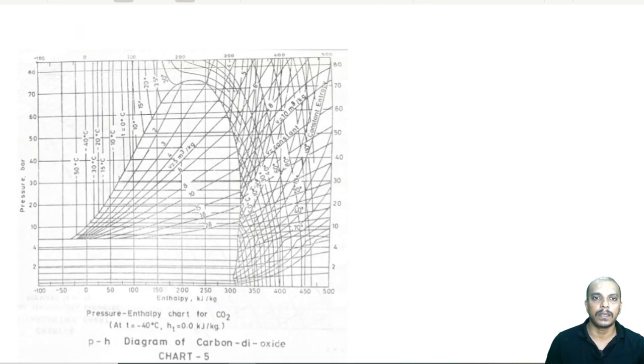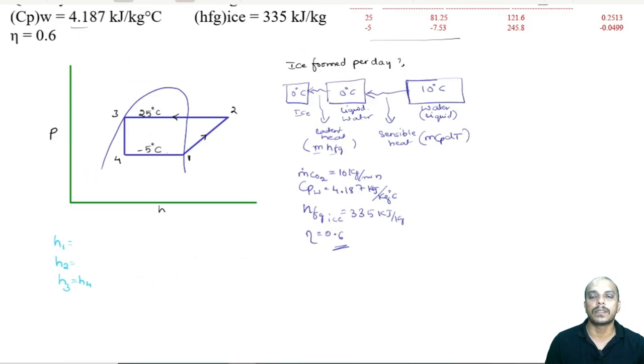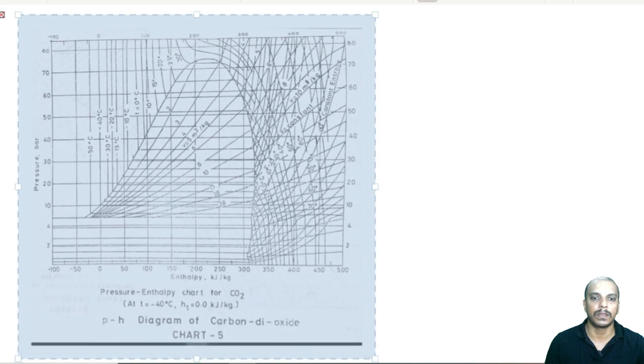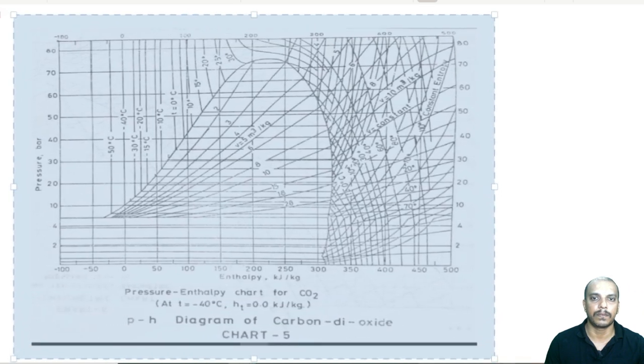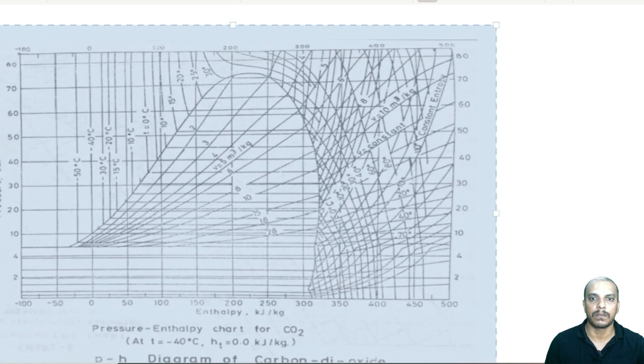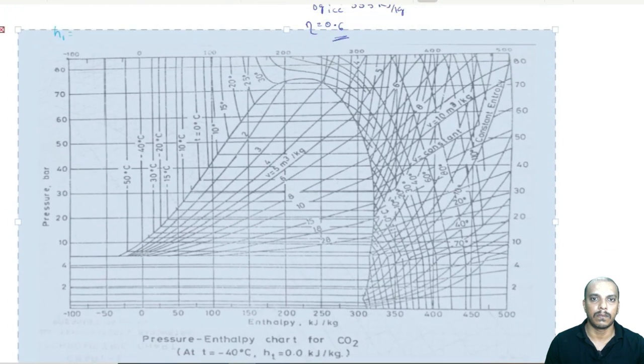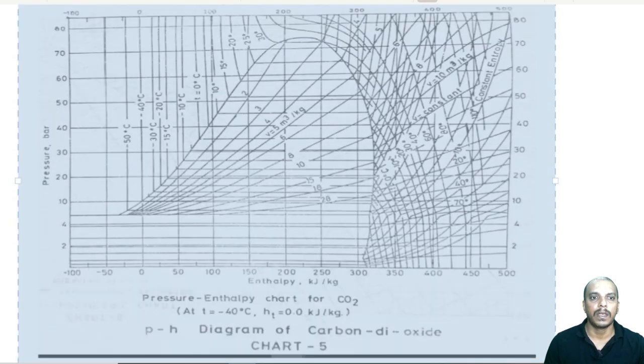So, I have this chart. We know that we are operating between 25 degrees Celsius and minus 5 degrees Celsius, alright. So, 25 degrees Celsius is here. Let me zoom this in a bit. Okay.